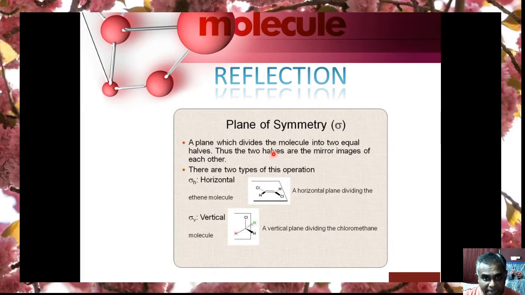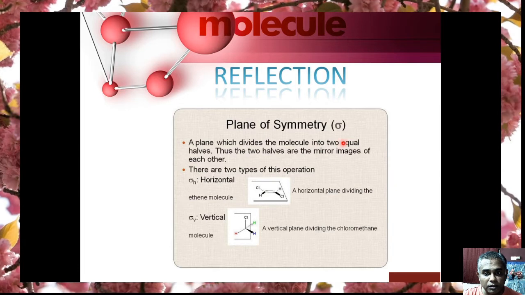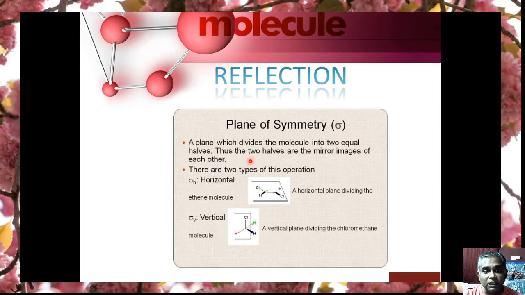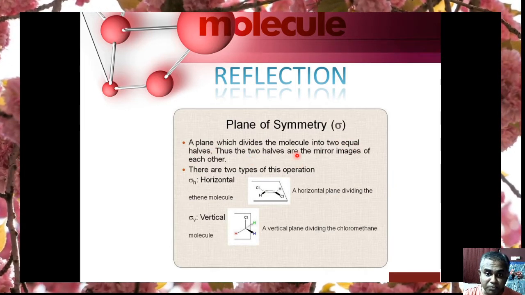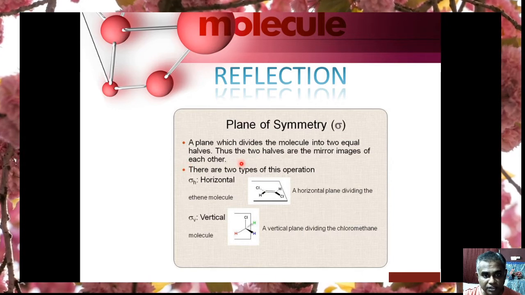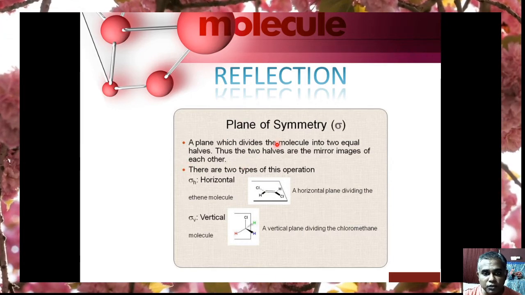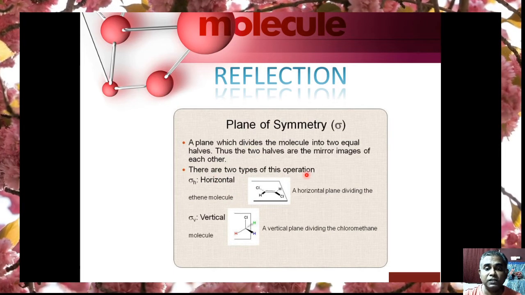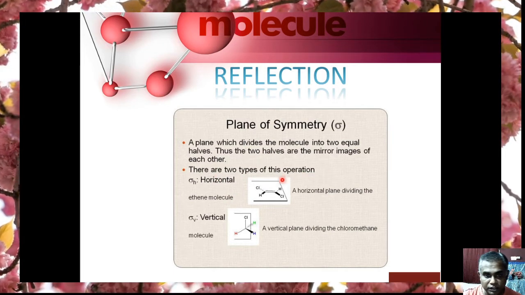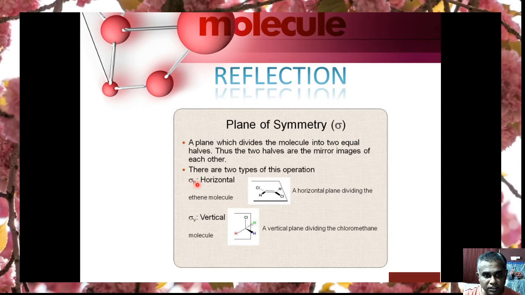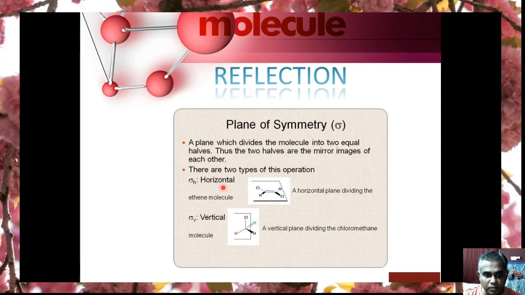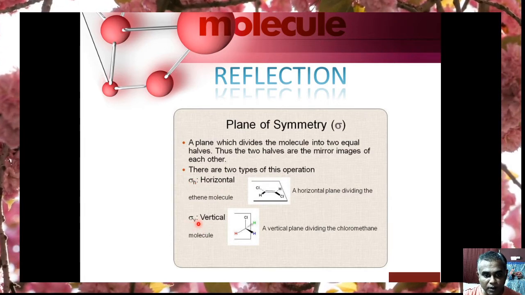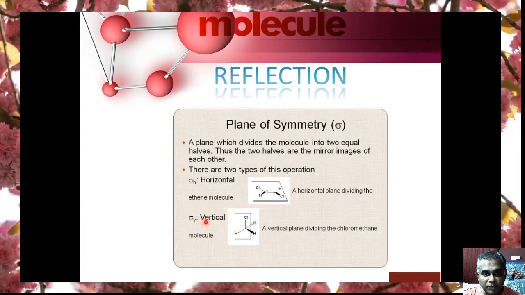So, a plane which divides the molecule into two equal halves, such that the two halves of the molecule are mirror images of each other, means the molecule is said to have a plane of symmetry. There are two types of this plane of symmetry or operation. One is called sigma h, and we call this a horizontal plane. The other one is called sigma v, and we call it a vertical plane.